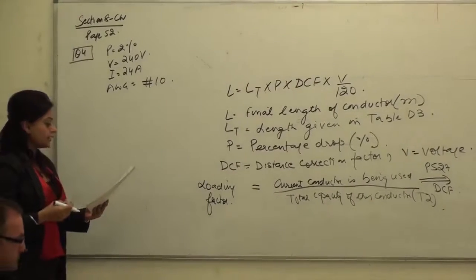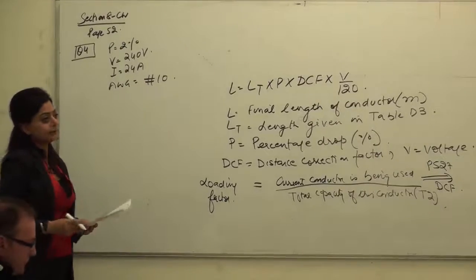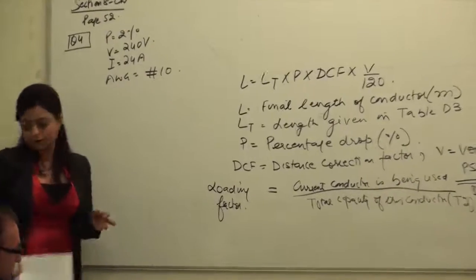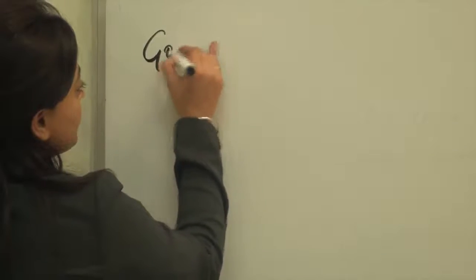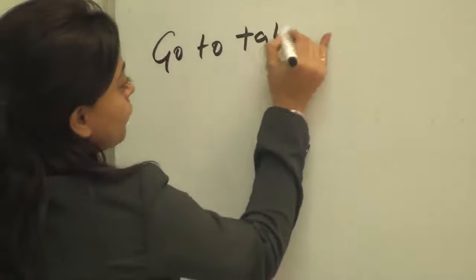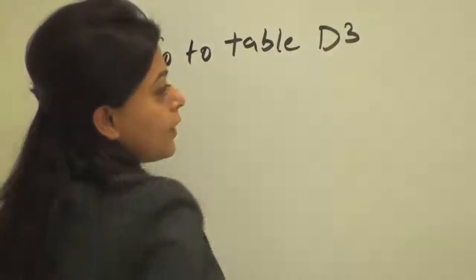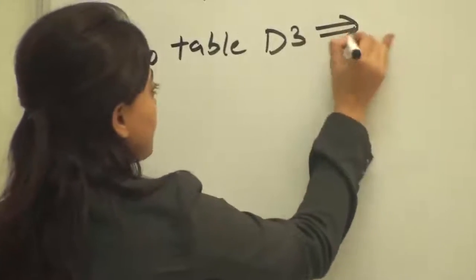Now I need to find out how much distance my conductor is allowed to go, such that I only have a 2% drop. Now for me to find this, the first step, Satinder, I'd like you to do is go to table D3. On that table, do you have a 24 amp row?